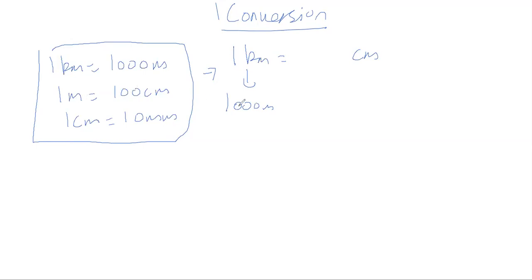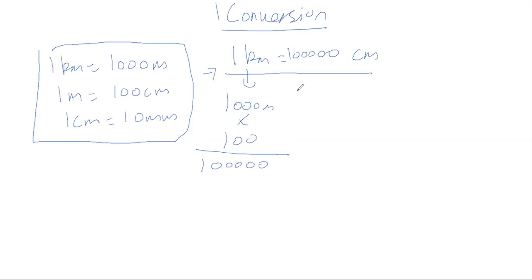Then in 1,000 meters, how many centimeters would be there? You need to simply multiply 1,000 by 100. Because in 1 meter, if there are 100 centimeters, then obviously in 1,000 meters it would be 1,000 multiplied by 100. If you multiply them, you will get 5 zeros. 1, 2, 3, 4, 5. So 1 kilometer is equal to 1 and 5 zeros centimeters.